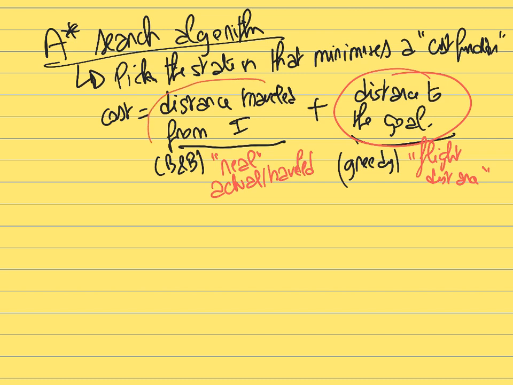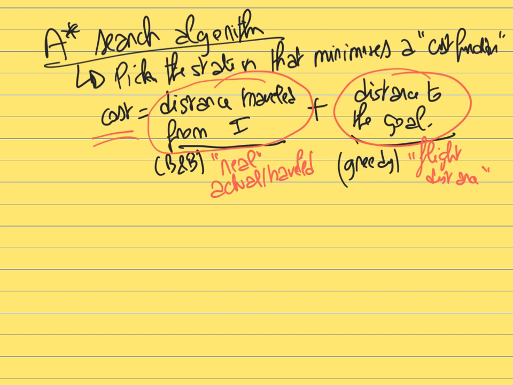But you will also add this up to the distance that you have already traveled from the state I, which is the information that we are using in the branch and bound algorithm. And you will define the cost associated to each node, the cost associated to each state, as the sum of those two things. And you will try to favor the nodes that minimize those two things, the nodes that are close to the initial state, but also the nodes that are close to the final goal.